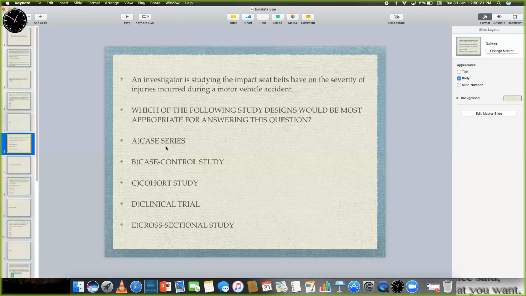This is a simple one. I expect all of you to answer this. An investigator is studying the impact seatbelts have on the severity of injuries incurred during a motor vehicle accident. Which of the following study designs would be most appropriate for answering the question?